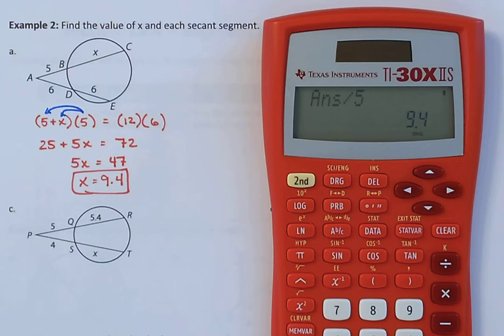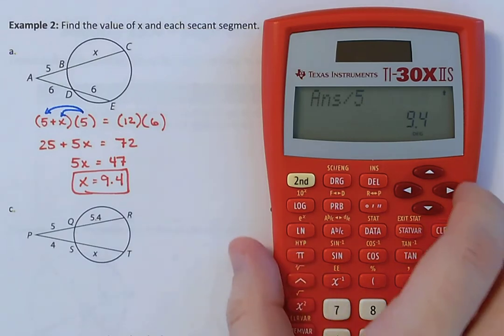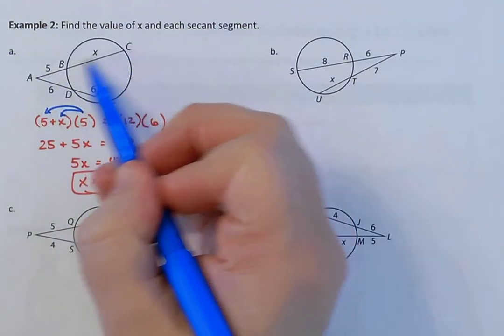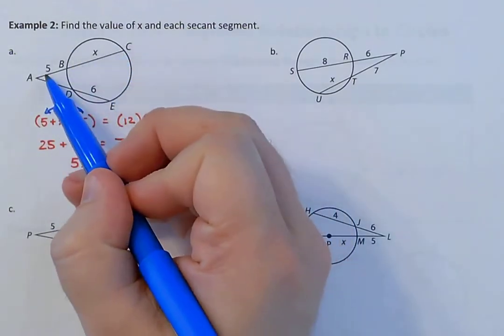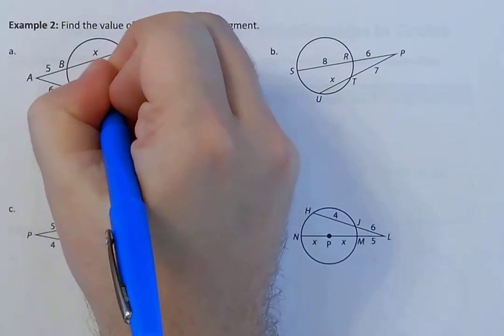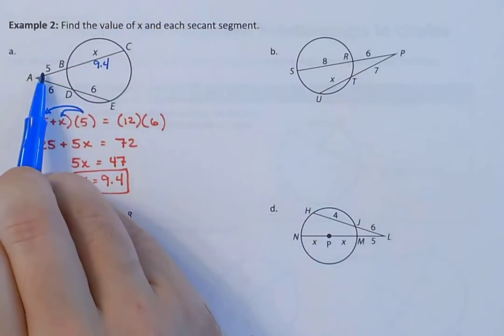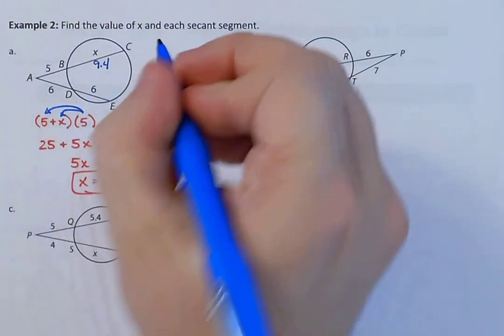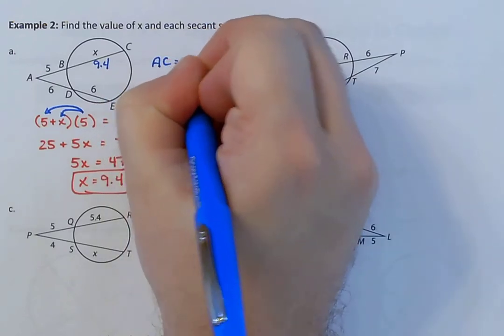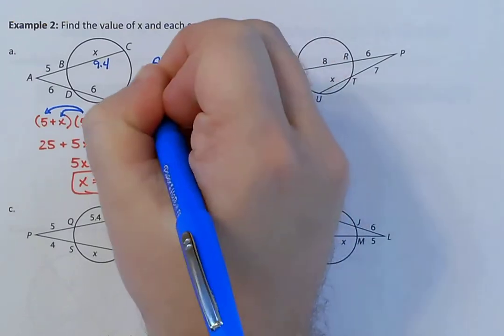Now, it does ask what is the value of each secant segment. So the secant segment is going to be the whole entire segment. So if we look at AC, that's this whole part, which is 5 plus x. Well, we know x to be 9.4. So it's 5 plus 9.4. So that tells us that AC is 14.4.